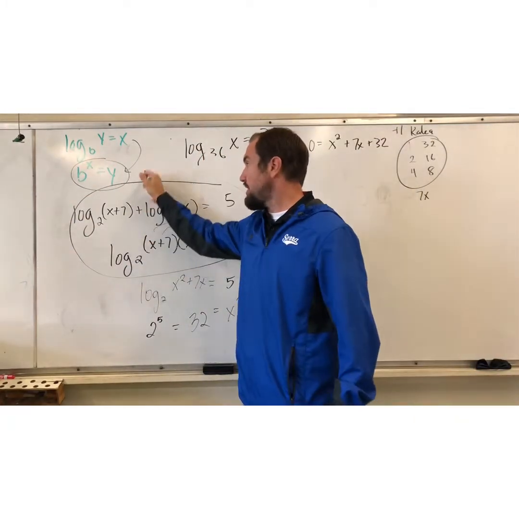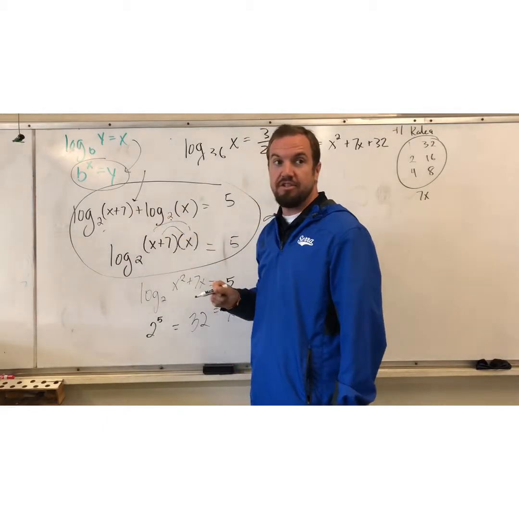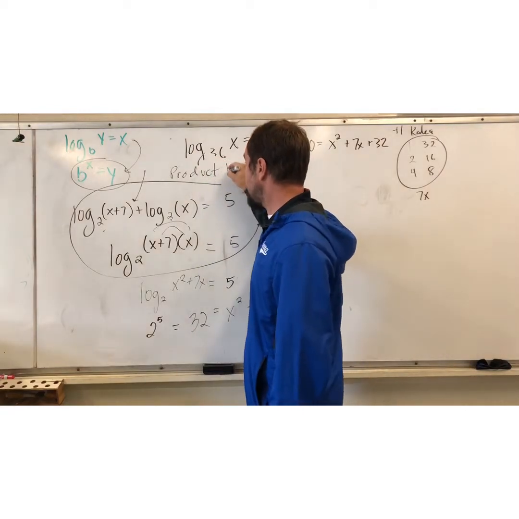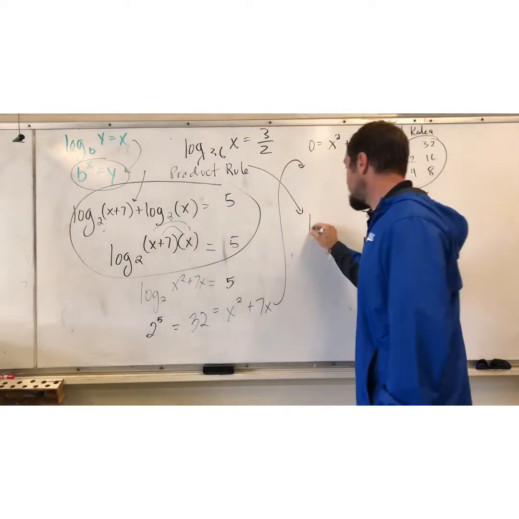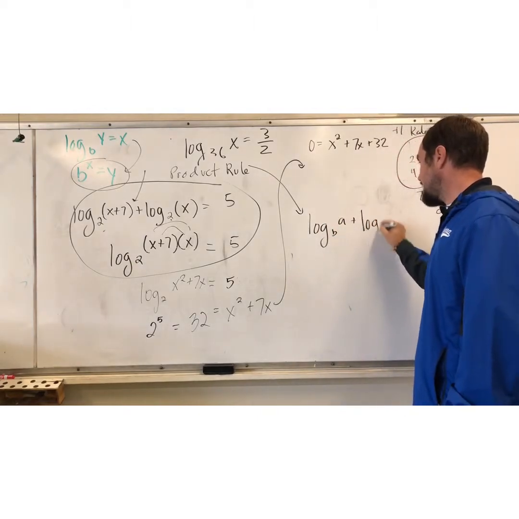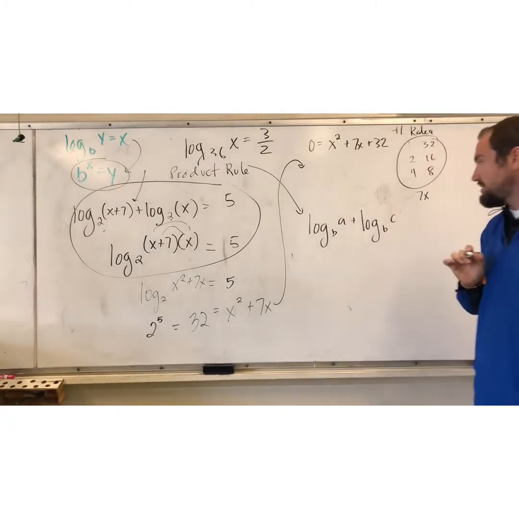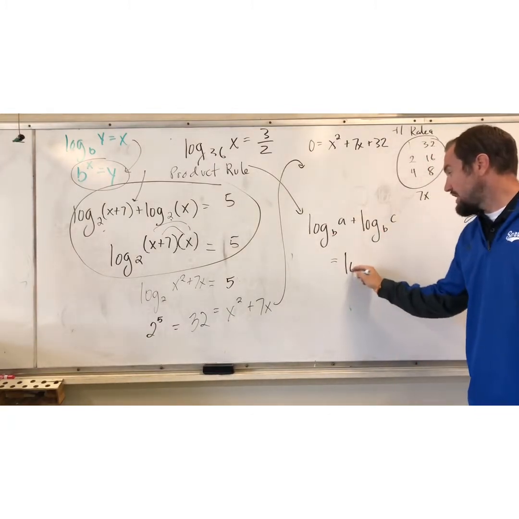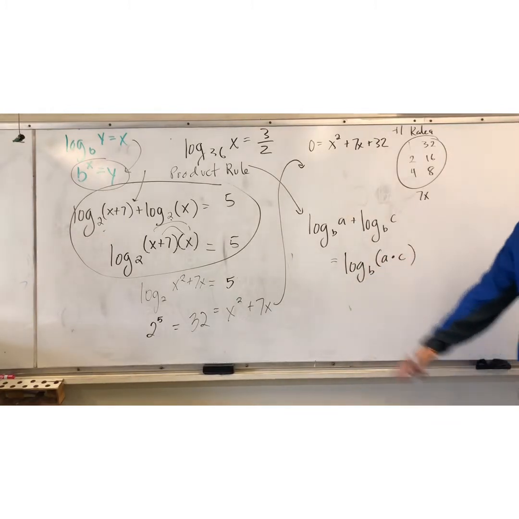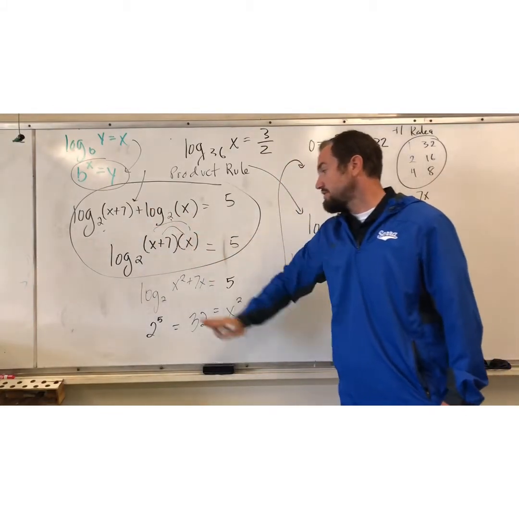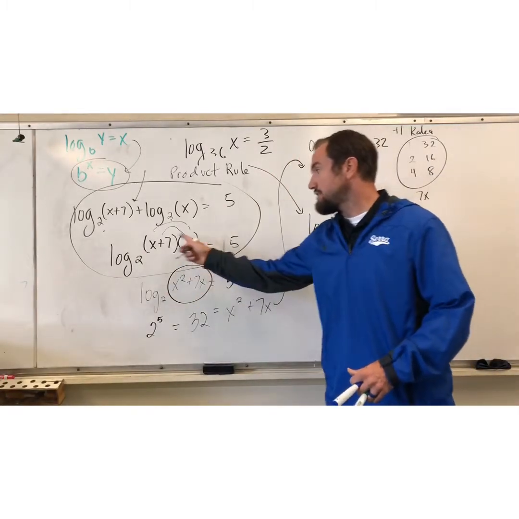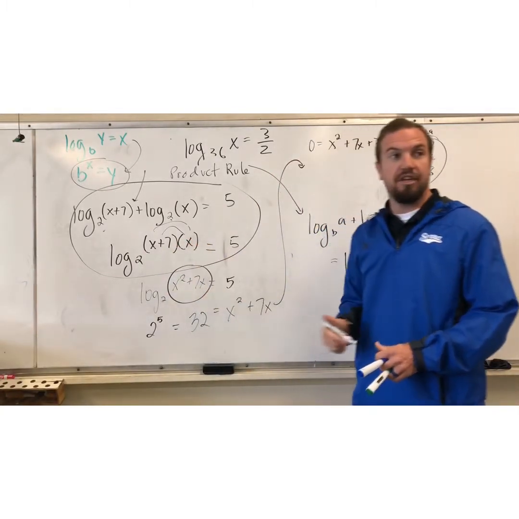Since we have adding of 2 logarithms with similar bases, we've now brought in the product rule, which tells us log b of a plus log b of c is equal to log b of a times c. Which is what we did here. We multiplied the x plus 7 and the x, and got our x squared plus 7x. X times x, x squared, 7 times x, 7x.